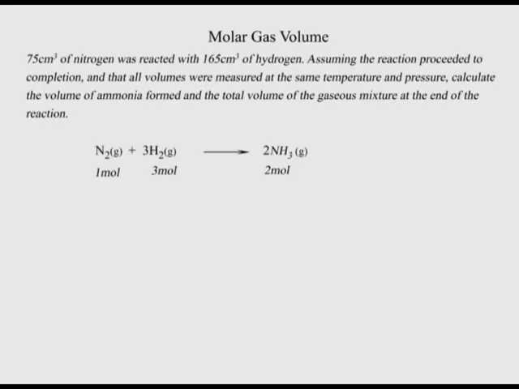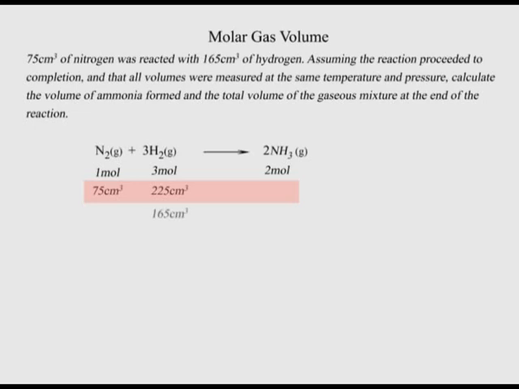Between nitrogen and hydrogen, one is the limiting reagent. But which one? We put in the volumes. Assuming all the 75 cubic centimeters of nitrogen reacted, we would need 3 times that volume for hydrogen. That is 75 times 3, which is 225 cubic centimeters. But then, we only have 165 cubic centimeters of hydrogen, and so hydrogen is the limiting reagent.